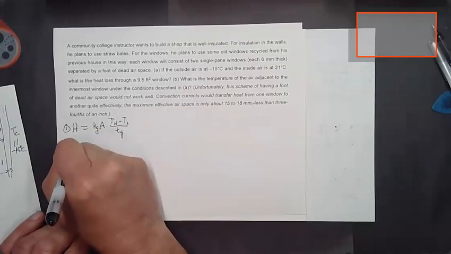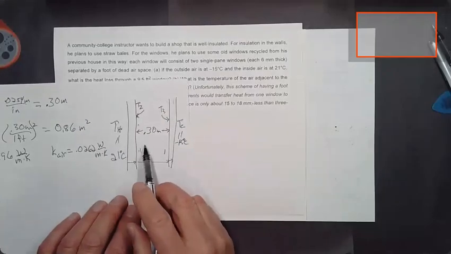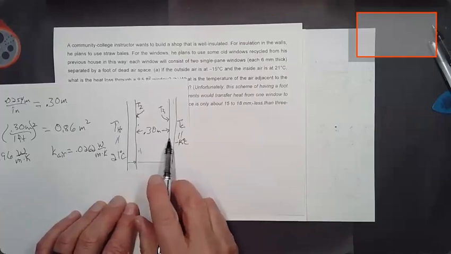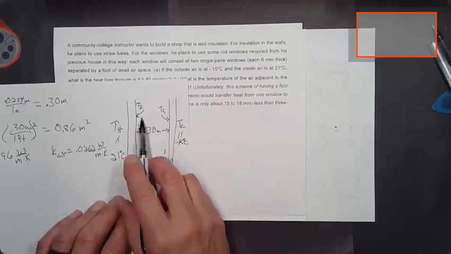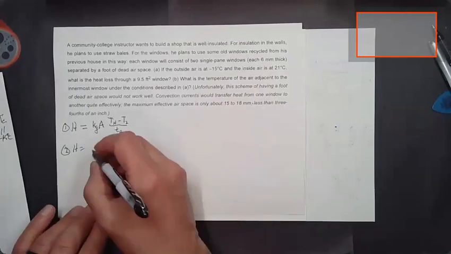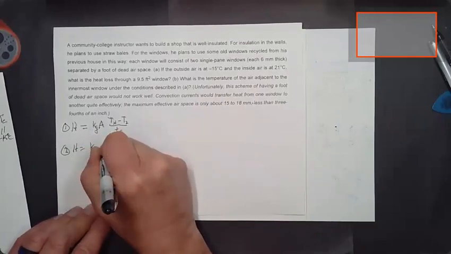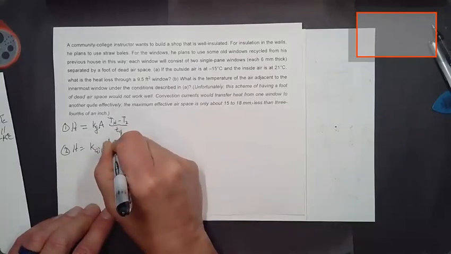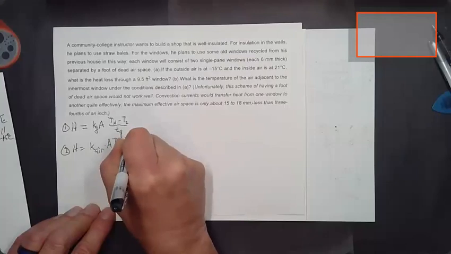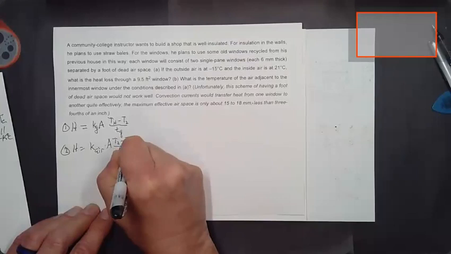The second H equation that we'll get will be for this 1 foot air gap, or 0.30 meter air gap. This will be the warm side of it. This will be the cool side. So for that one, I'll have the thermal conductivity of air times the area of it, and then T2 minus T3 over the thickness of the air.